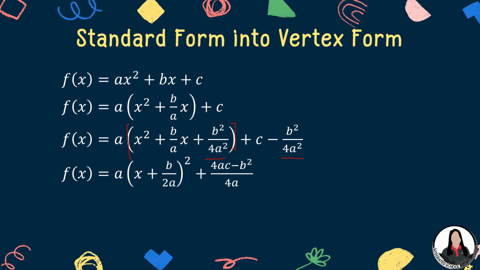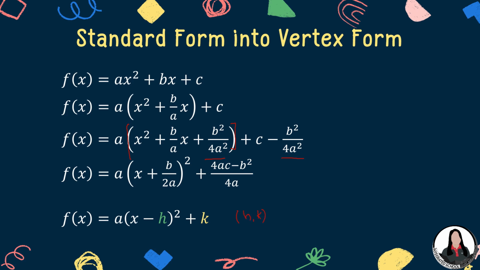Okay, so also by substitution, we have to let h be equal to negative b over 2a and k, which is equivalent to 4ac minus b squared all over 4a. Okay, so wherein h and k are the vertex. hk is the vertex of our parabola.